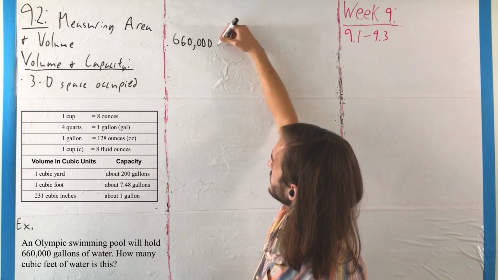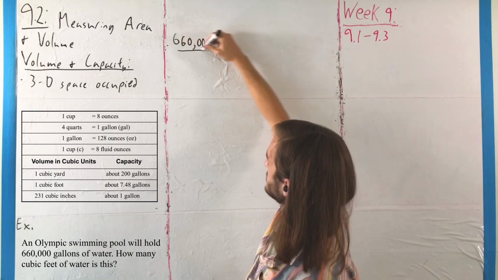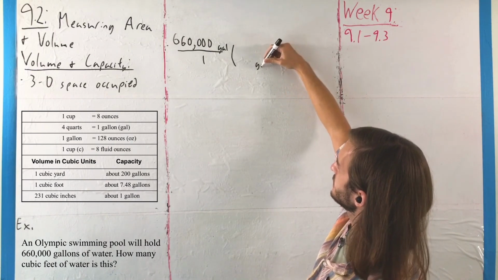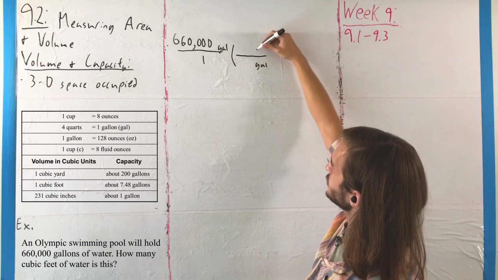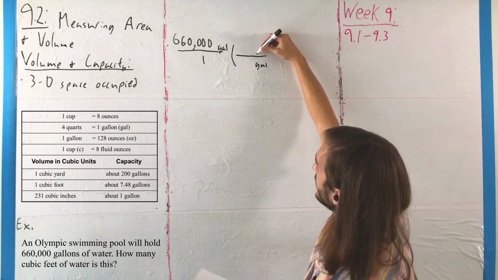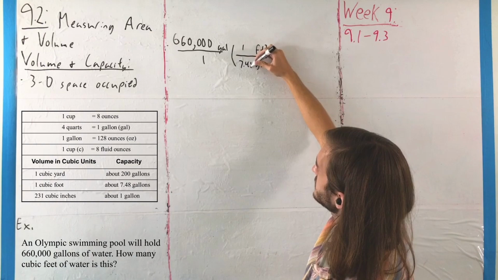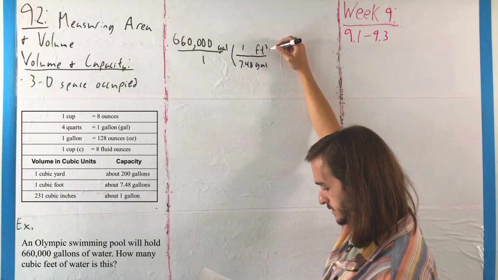660,000 gallons, we're going to divide by 1, would go in terms of a number of gallons underneath a number of cubic feet, where 1 cubic foot is 7.48 gallons.